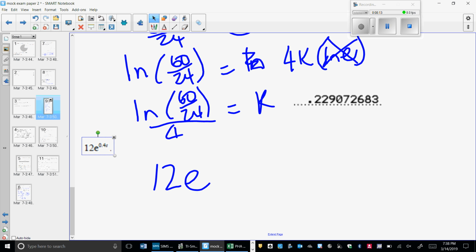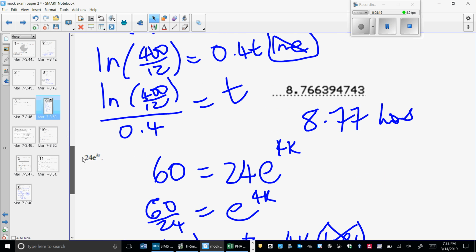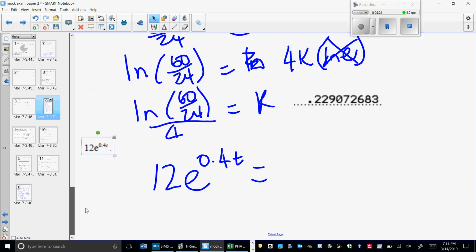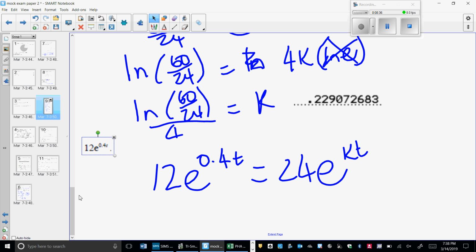So 12e to the 4t is, so we find when they're equal, then we see where it's just got above, 24e to the kt.